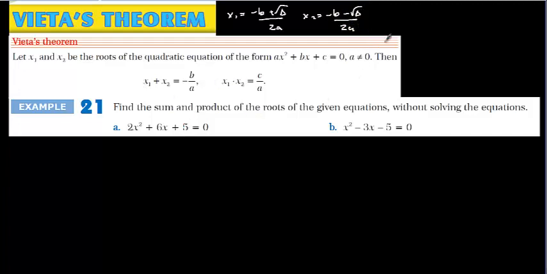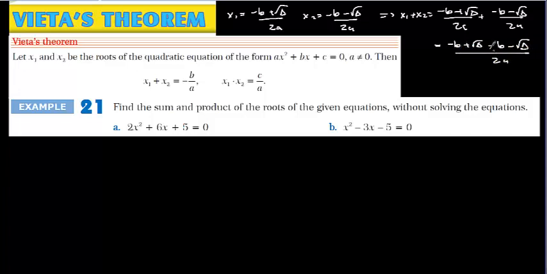And if you want to find x1 plus x2, it was equal to minus b plus root of delta over 2a, plus minus b minus root of delta over 2a, which is equal to minus b plus root delta minus b minus root delta over 2a.